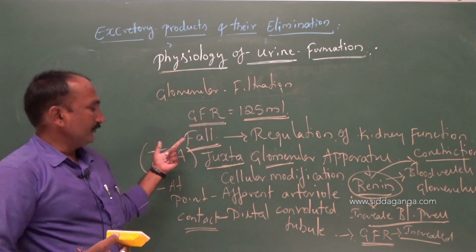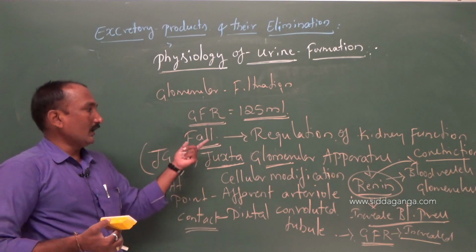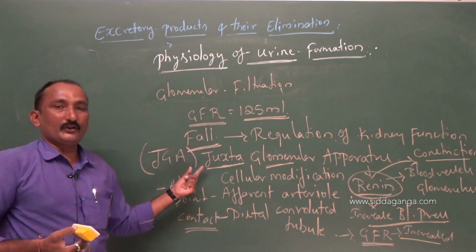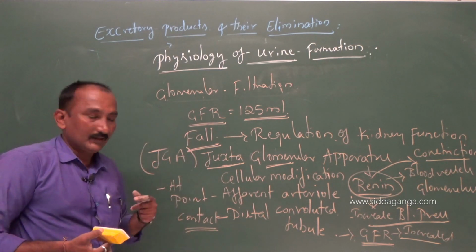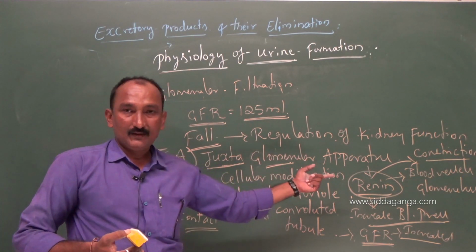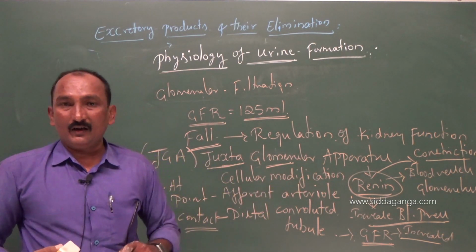Whenever the GFR, the glomerular filtration rate, falls, one of the specialized mechanisms to regulate that is the juxtaglomerular apparatus. What is the juxtaglomerular apparatus?